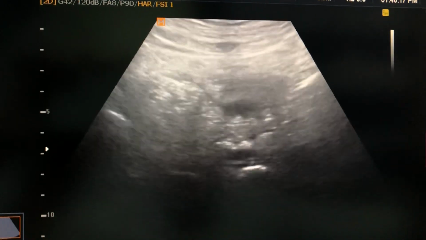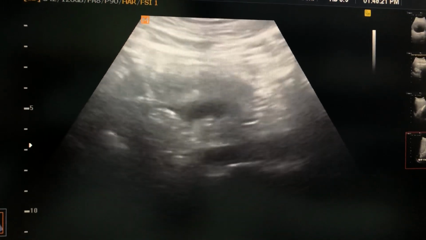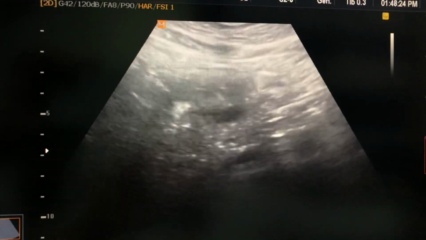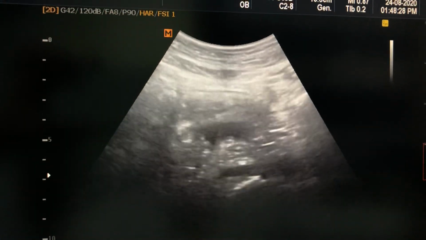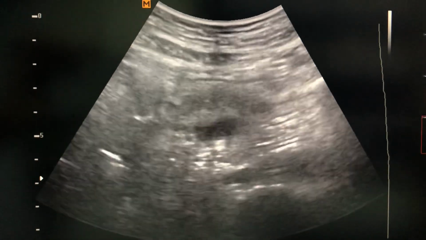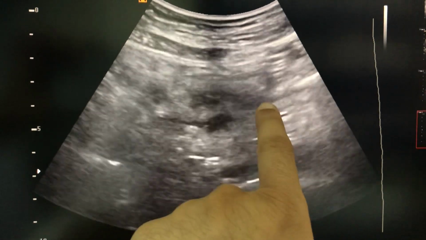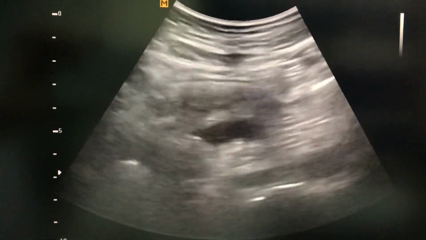And regarding this transverse colon, in the linear probe it was not properly appreciated, but with the convex probe I will show you. This is the transverse colon, this thickened segment.